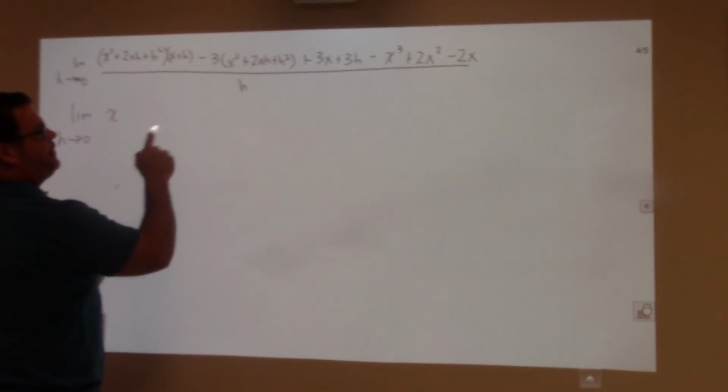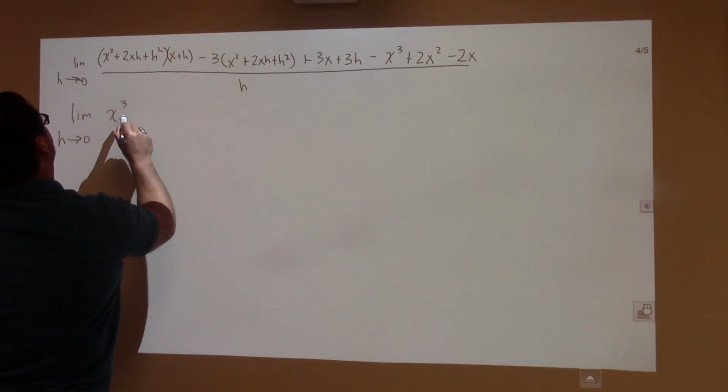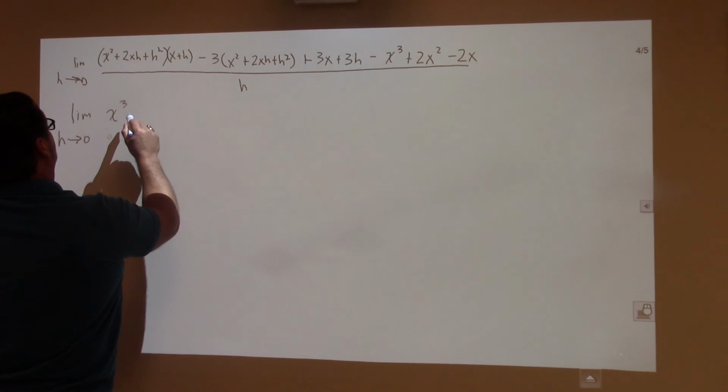All right, so limit as h approaches 0 of x cubed. Hey, we got x cubed. I thought I saw x cubed down there. That's good. X cubed. Done got lost.